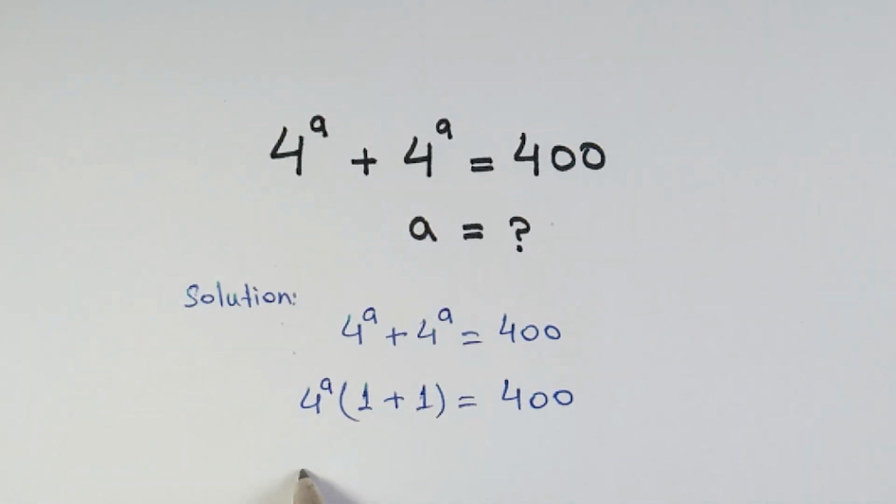So the next step is 4 power of a into, we will add these both numbers, which is 2, is equal to 400.